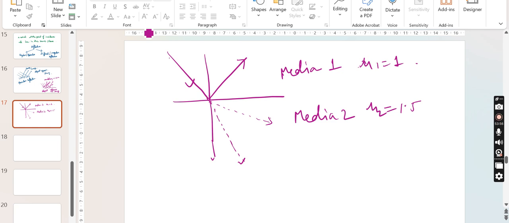The medium 2 is denser, so light will follow this path. And this phenomenon is called refraction.